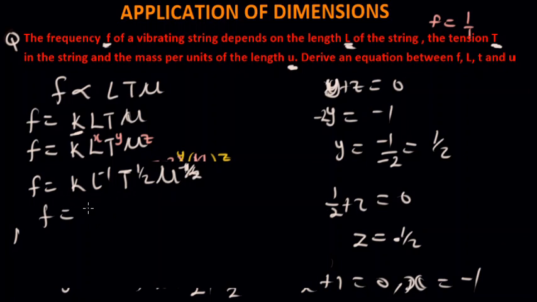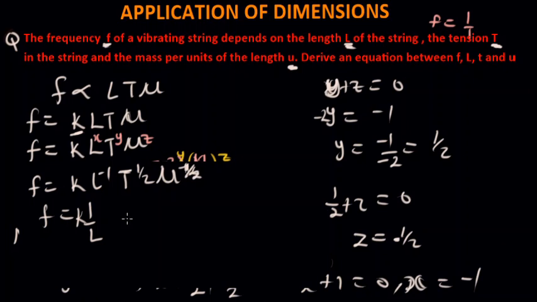So f will be equal to 1 on l, k. So let's bring out k. Then T to the power of half is a square root. So we have T square root of half, all over mu. But let's arrange it well.